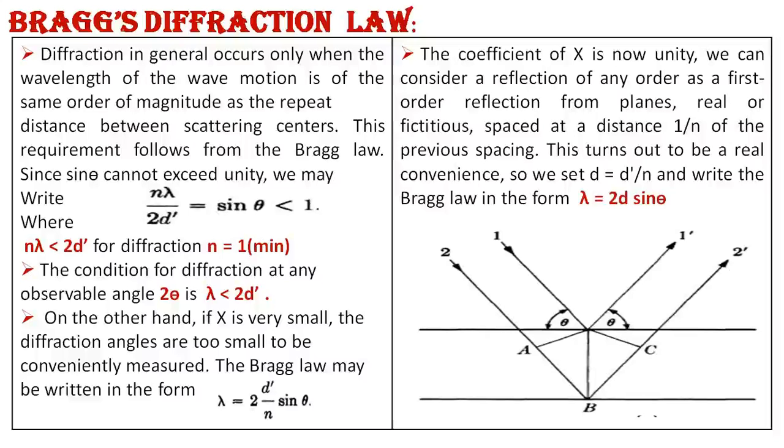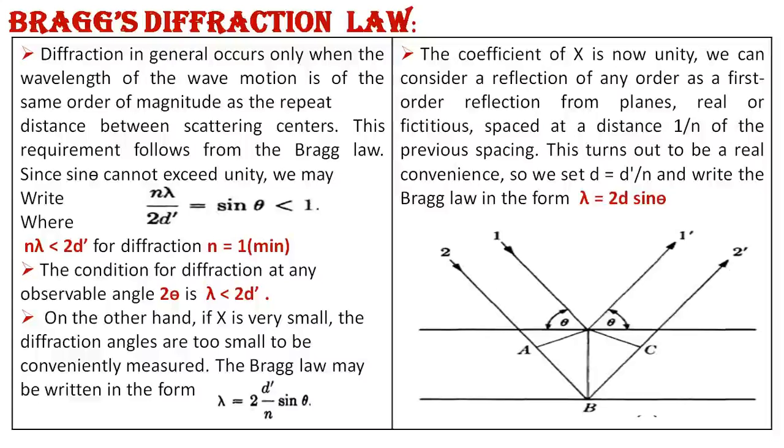Since sin theta cannot exceed unity, we may write n lambda upon 2d equal to sin theta, less than 1. So n lambda is less than 2d for diffraction, and n is equal to 1 at minimum. So when we have to perform diffraction, at least we have to put n equal to 1. The condition for diffraction at observable angle 2 theta is lambda less than 2d.